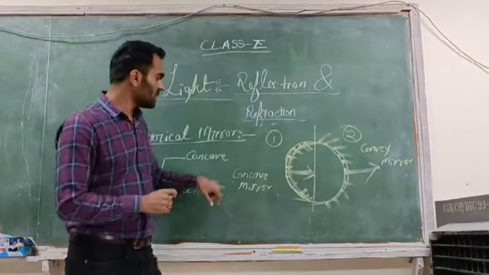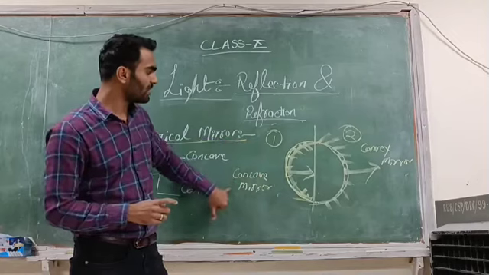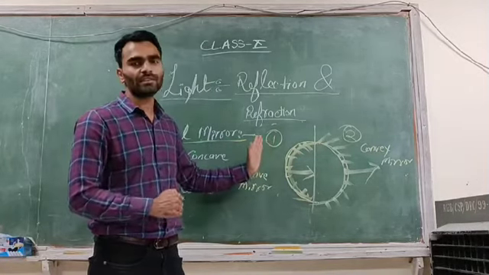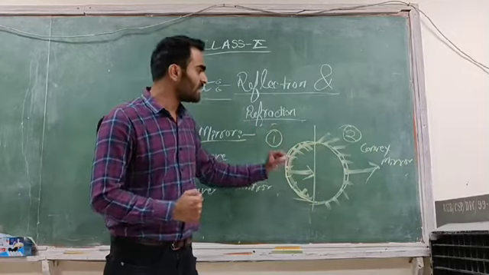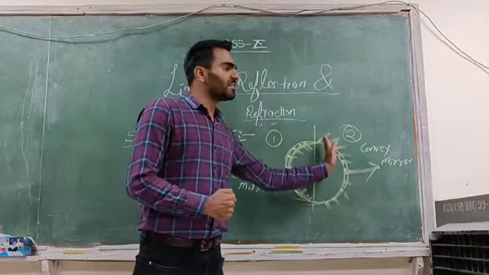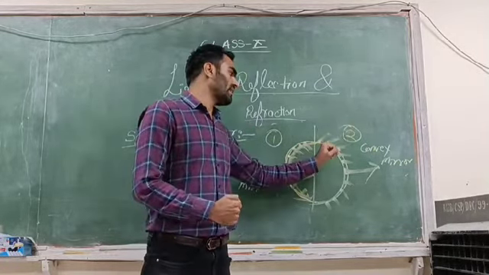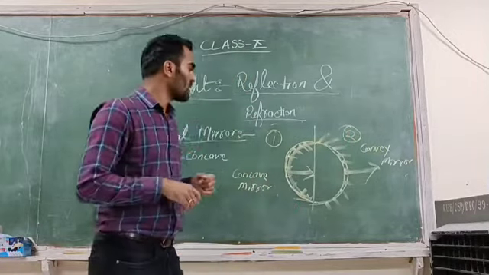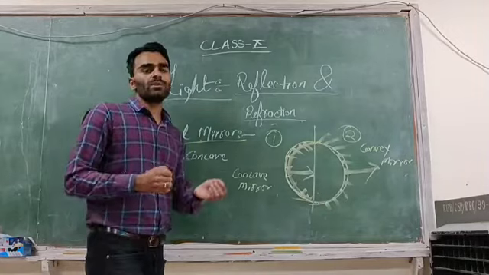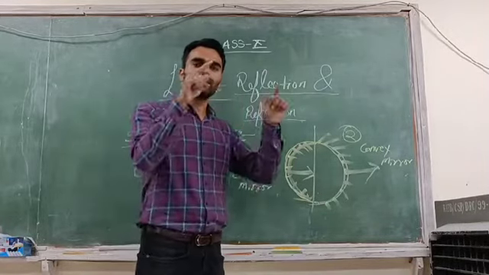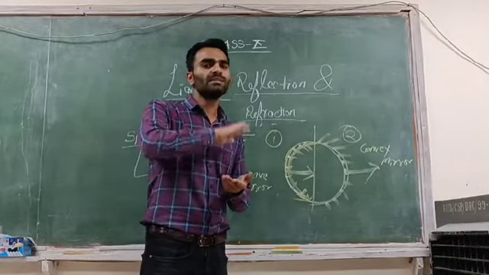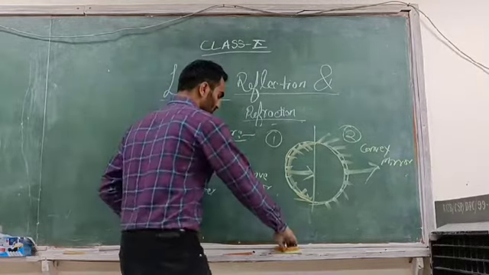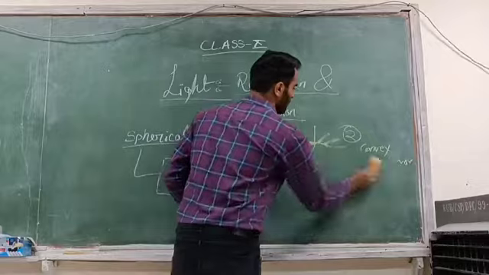So it makes two kinds of mirror: concave mirror when the curvature is shaped towards the center, and convex mirror when it is shaped outward from the center. This is how the mirrors are made. And you also know about the plane mirror. You need nothing, you just need a glass and you do the silvering and it will reflect your rays. So this was all about the introduction of a mirror.